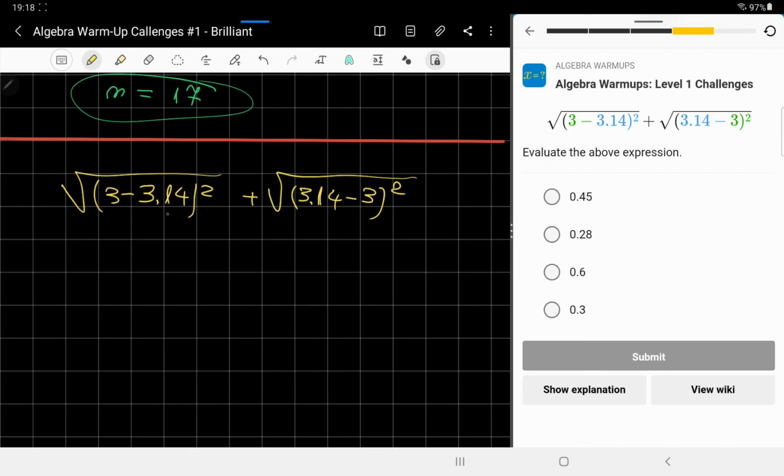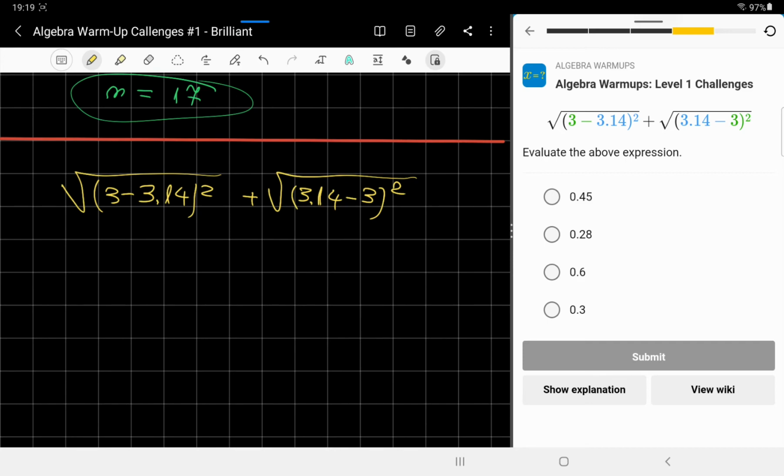3 minus pi squared. We can simply do, so the square root of a square is the actual thing itself, but we could also do the multiplication.